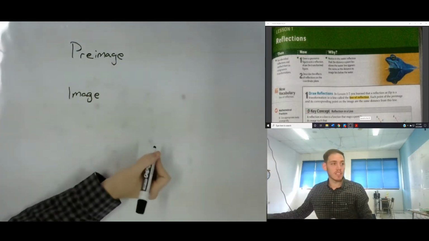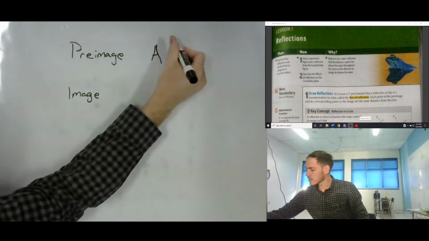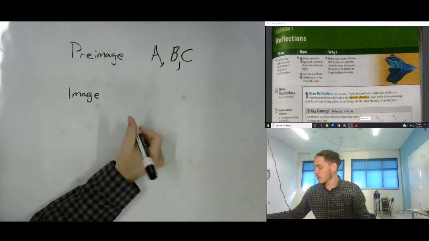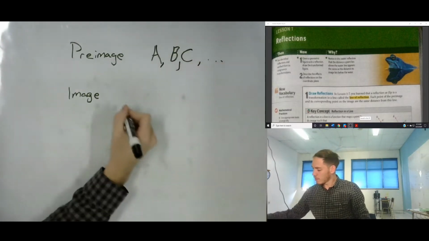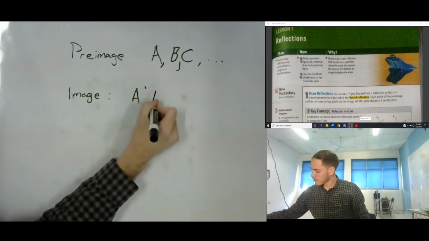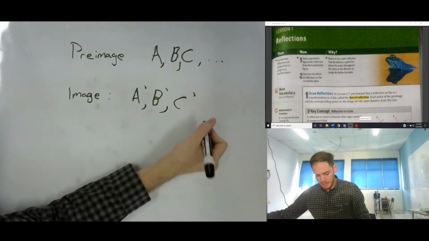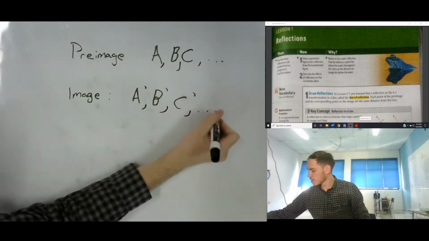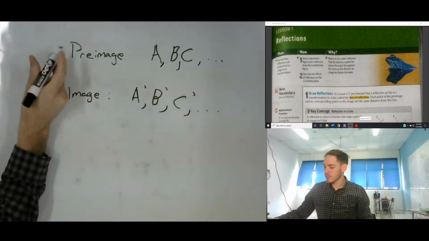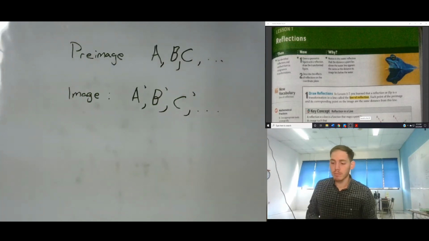Pre-image is going to be denoted by points without anything attached to them, A, B, C, and so on. But image is going to be where we have A prime, B prime, C prime, and this tells us that our image is a transformation of our pre-image. So our pre-image is what we start with. Our image is what we will get when we do a transformation.